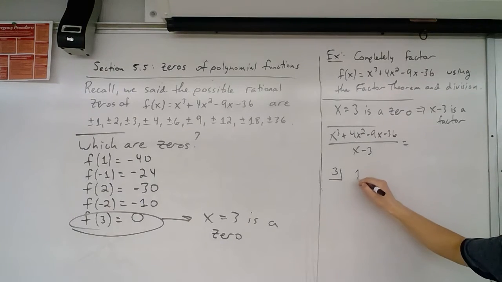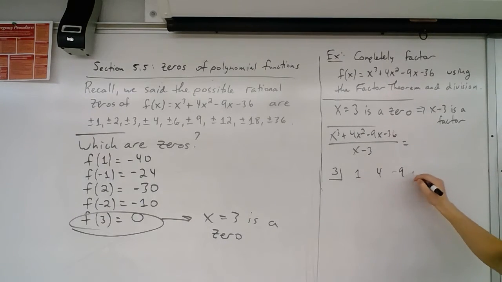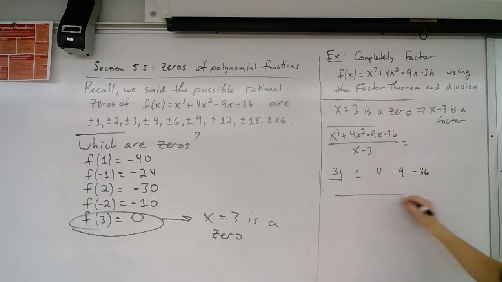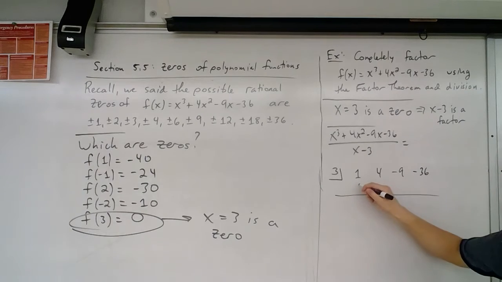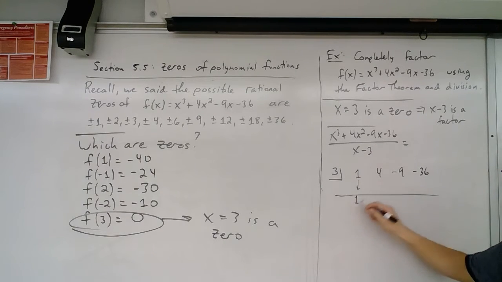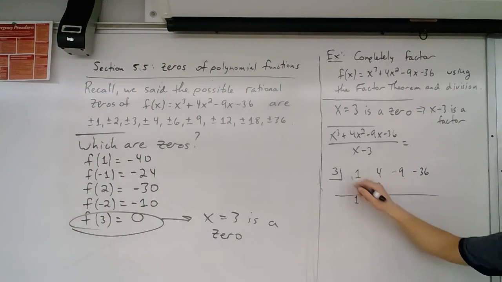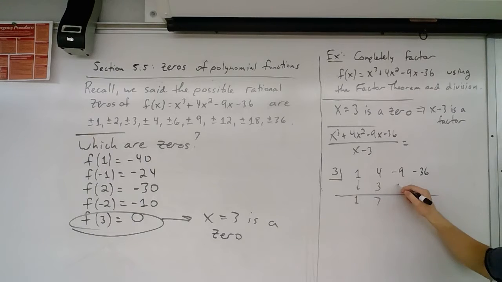Now I put 1, 4, negative 9, negative 36. Then I bring down my first number, the 1. I multiply, and then I add. I multiply to 3 and add to 7, I multiply to 21, and then I add to 12. I multiply to 36, and I add to 0.